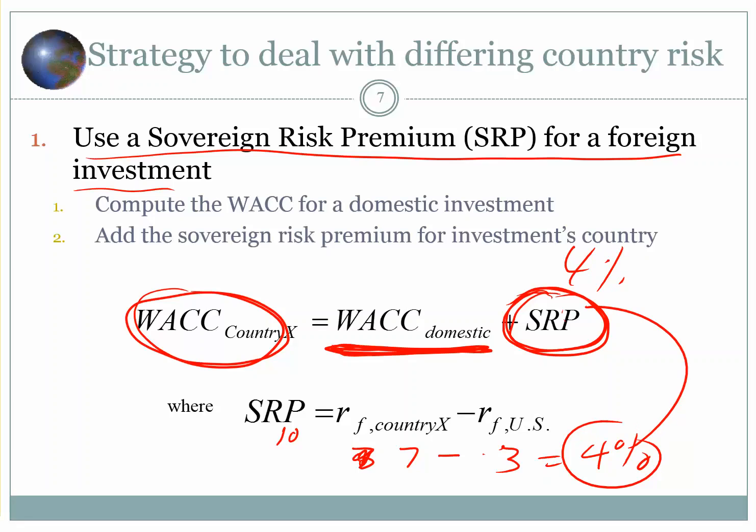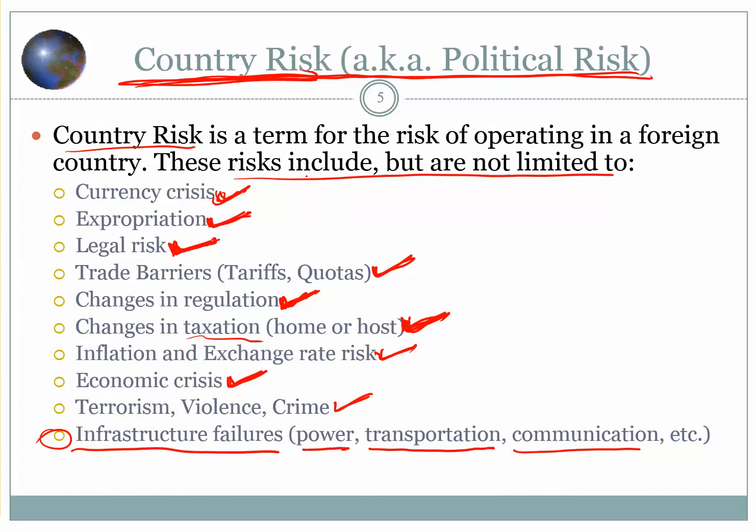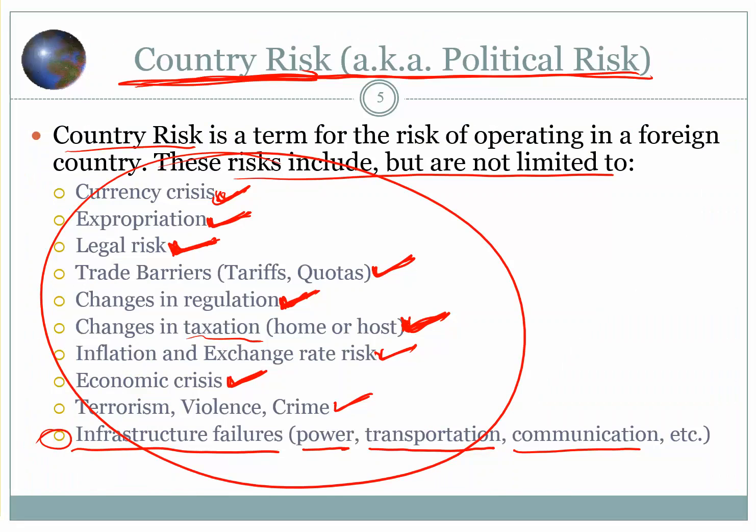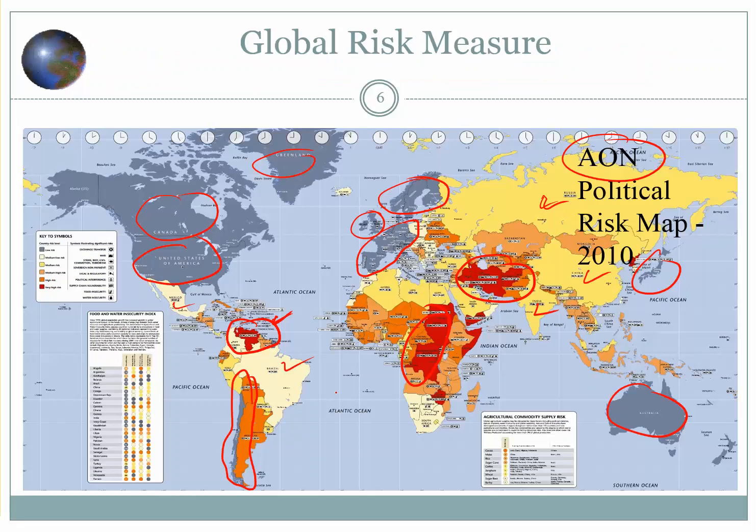So that's the concept of sovereign risk premium. And the idea is you're hoping that that difference between the U.S. sovereign interest rates and the foreign sovereign rate is somehow capturing these types of risks, and also reflecting the fact that maybe these areas here in red and orange have higher yields on their debts because of that risk.